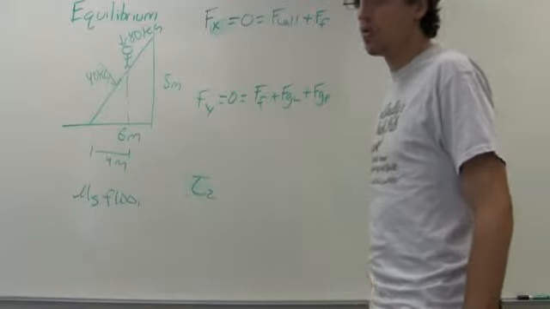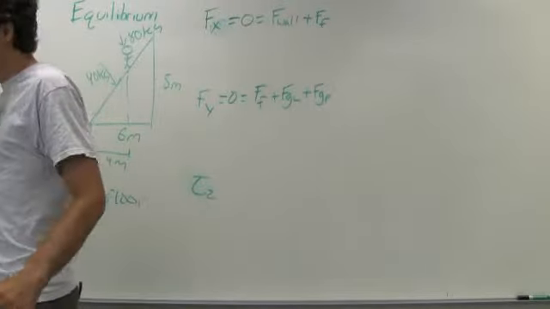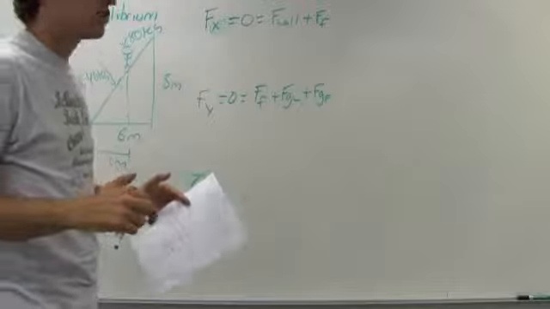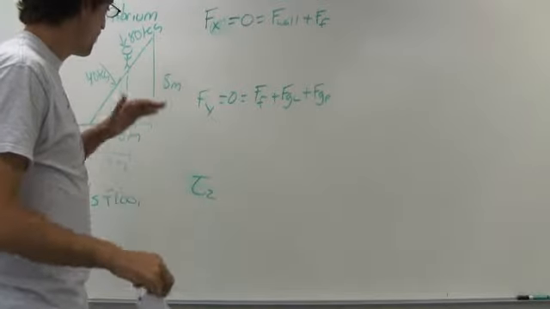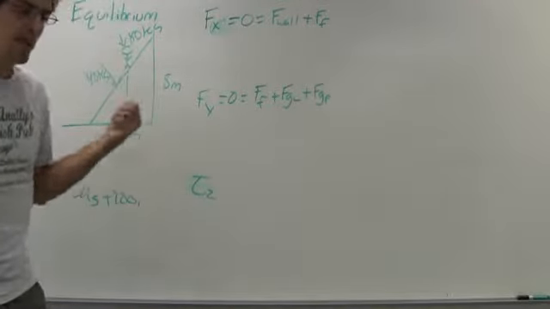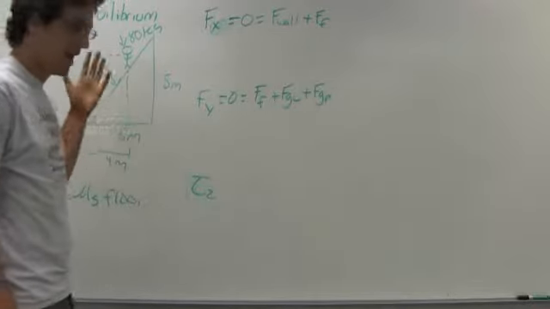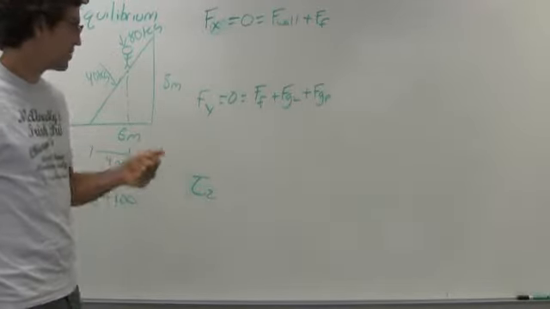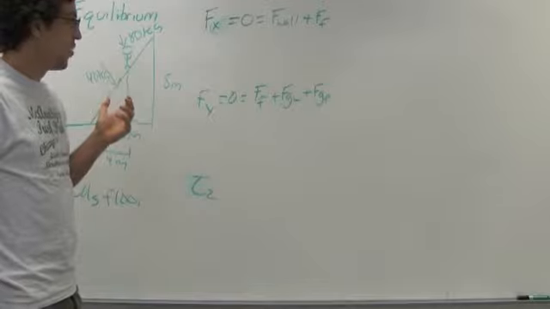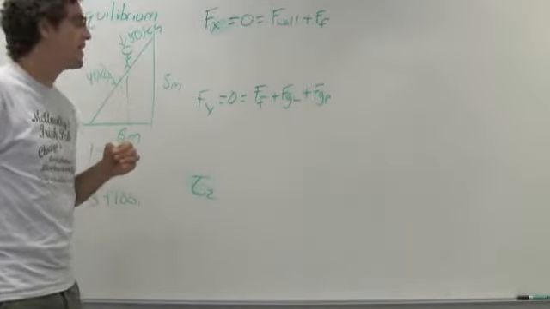And finally, with torque z, of course, it's going to take in all the forces in the x and y direction. But with torque, we have to make a determination: where do we want our origin point to be? Well, we want to eliminate as many forces as possible.